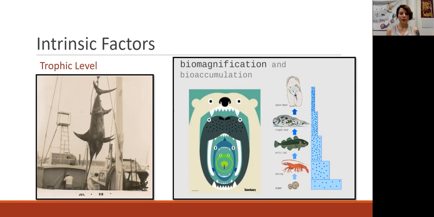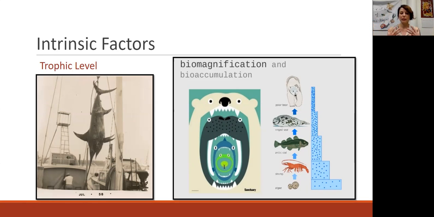The way this works is that mercury gets in the water, and first your really little guys get it in their systems. Then the animals that are a little bigger eat them, and they get that mercury in their systems. The next one up will eat more of that middle group, and it ends up magnifying itself.